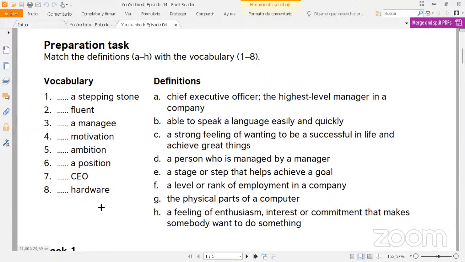I don't know. Can we do another? Okay, fluent. Letter B. And managing. Letter D.